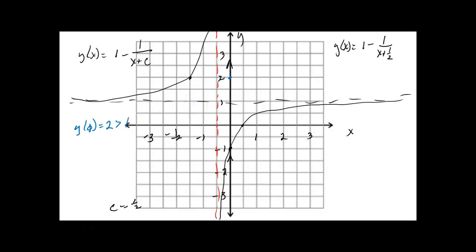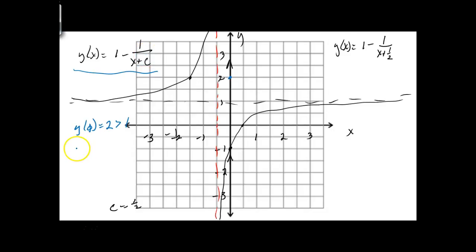Okay? So what's the next thing we're going to have to do? If this is your equation, and you know the y of 0 is 2, what do you got to solve for? C, okay?